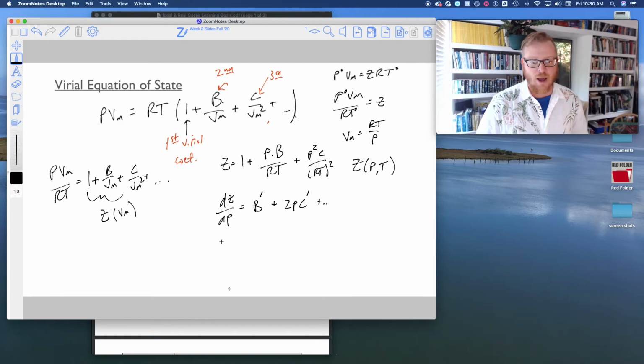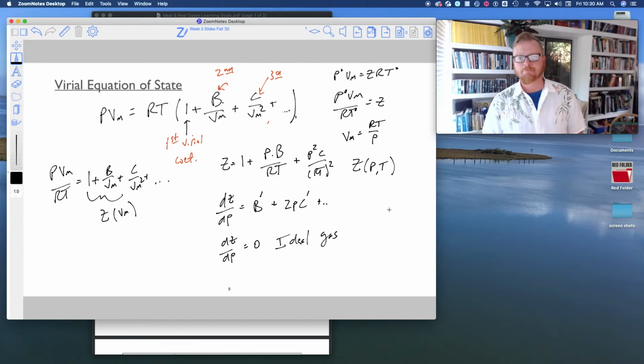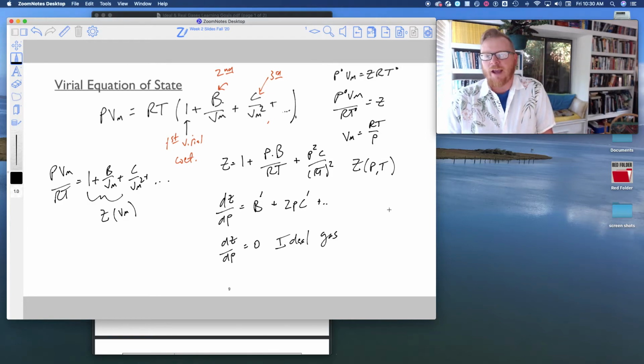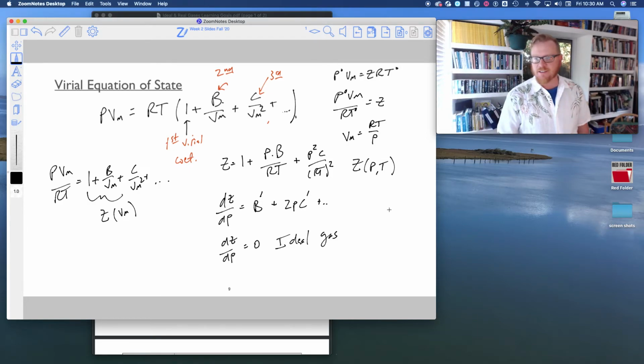And as it turns out, there's a special case when dZ/dP equals 0, so when all these terms converge to 0, we have an ideal gas. Or rather, when dZ/dP approaches 0, when it becomes very close to 0, that's the description of an ideal gas, which makes sense if you think about it.